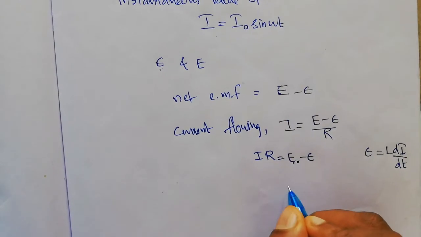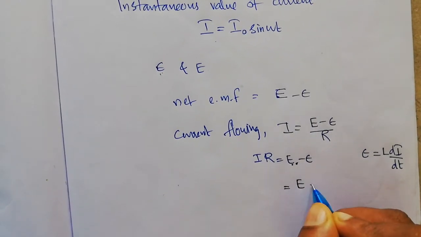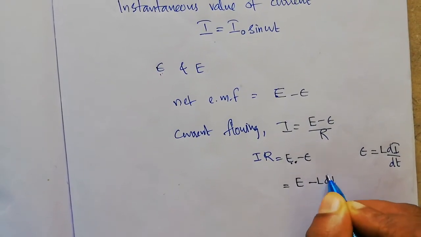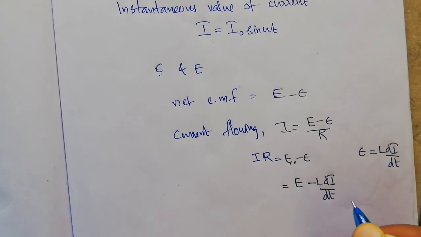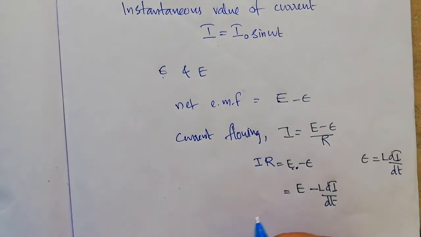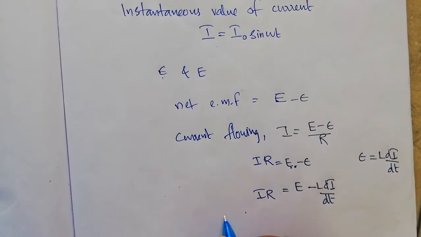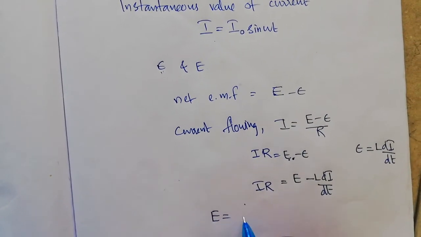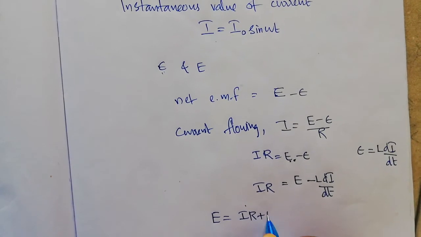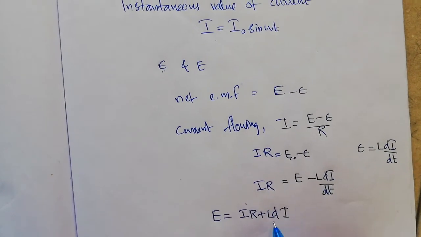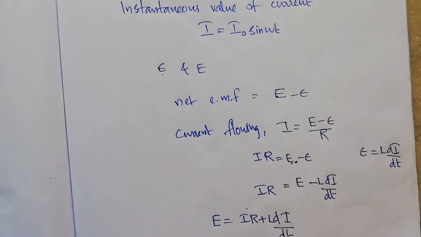So, it is equal to E minus L di by dt. That is, IR is equal to E minus L di by dt, and from this we can write E is equal to IR plus L di by dt.